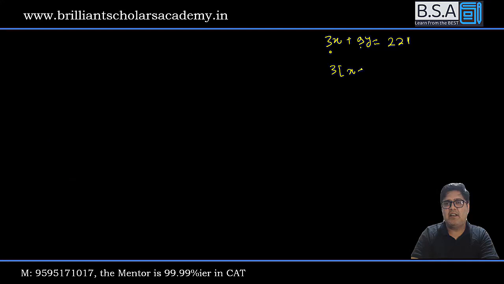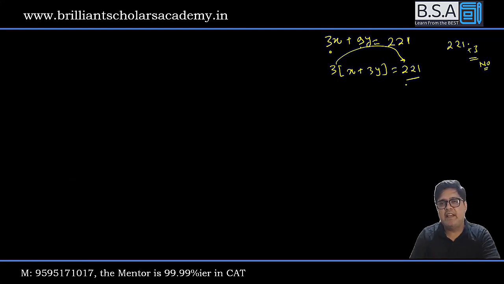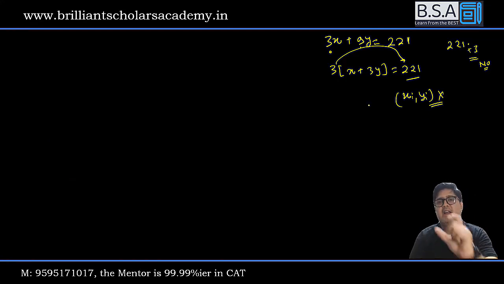Left hand side equation is a multiple of 3. Is the right side value a multiple of 3? Is 221 divisible by 3? No. So in this case, you will never get an integer pair of x and y. Integer pairs are not possible here. Why? Left hand side equation is a multiple of 3. If x and y are integers, the overall value should be a multiple of 3.